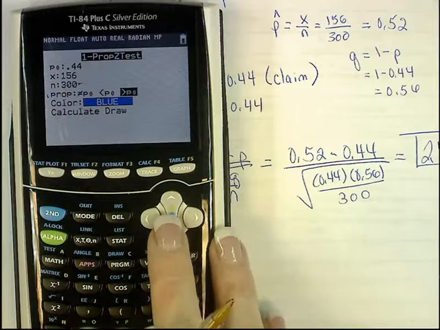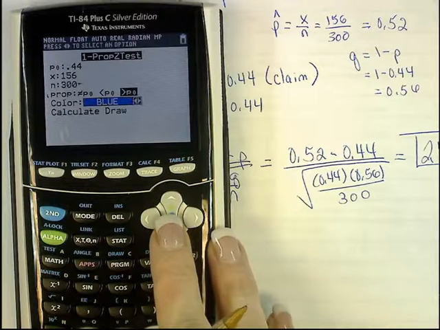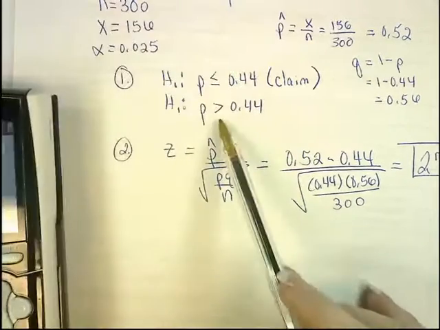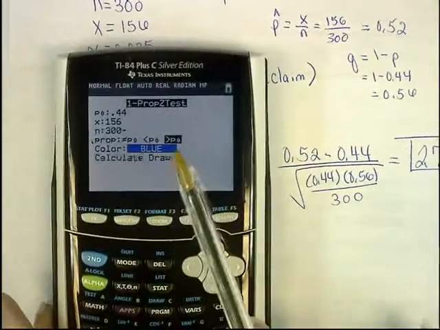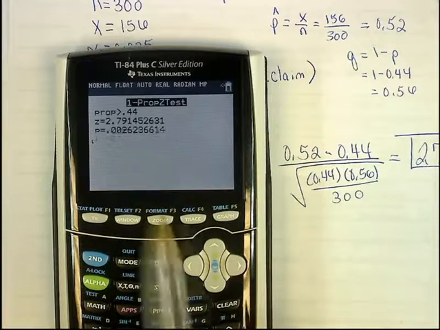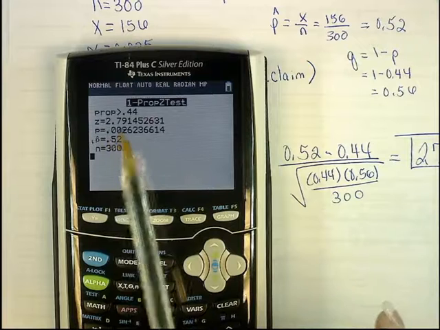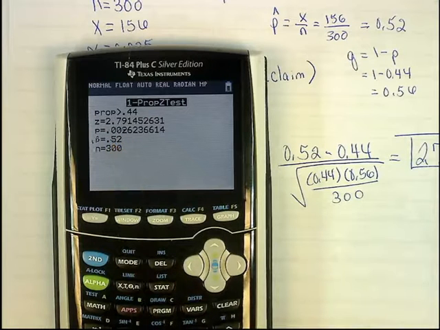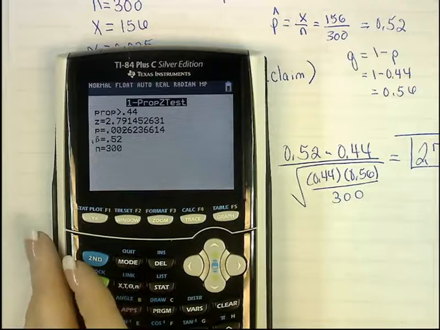That's your alternative hypothesis. And then calculate. See, your alternative is greater than, so you should click on greater than here. The test statistic is 2.79, and the p-value by calculator is 0.0026. I want to find the p-value by hand.